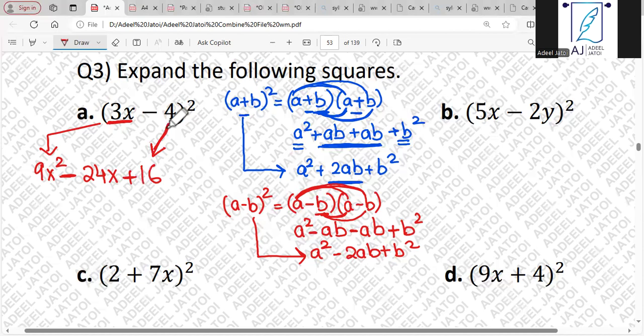The only thing that is different is that in the middle, you have 2ab. So 2ab means 2 into 3x into 4. 2 threes are 6, 6 fours are 24, and 24x. So this will become minus 24x, because there's a minus sign, and the formula will open as negative.